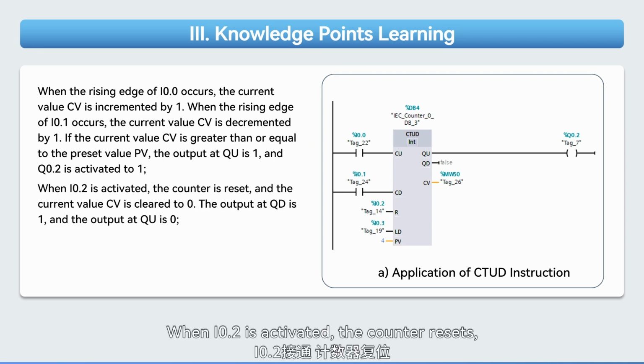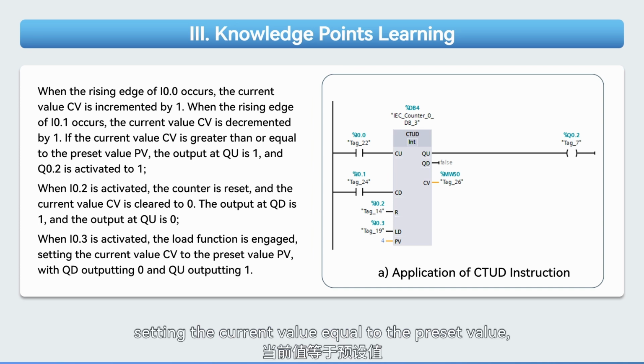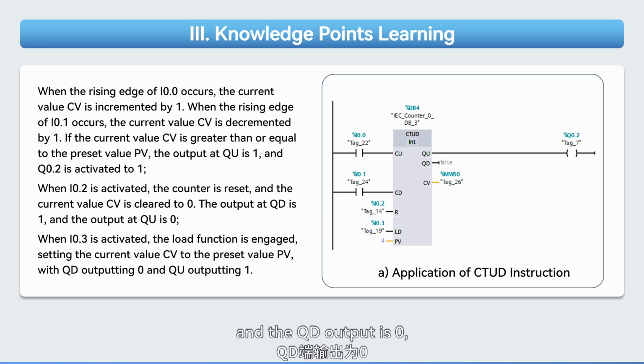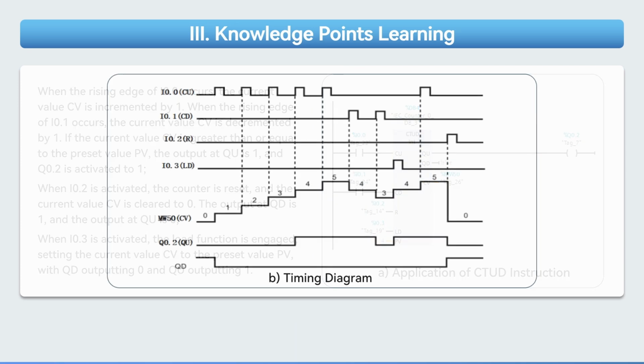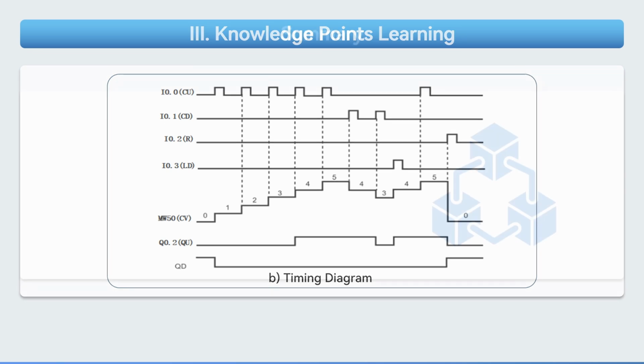When I0.2 is activated, the counter resets, the current value becomes 0, the QD output activates, and the QU output deactivates. When I0.3 is activated, loading input is triggered, setting the current value equal to the preset value, and the QD output is 0, while QU output is 1. Part B depicts the timing diagram of the states.